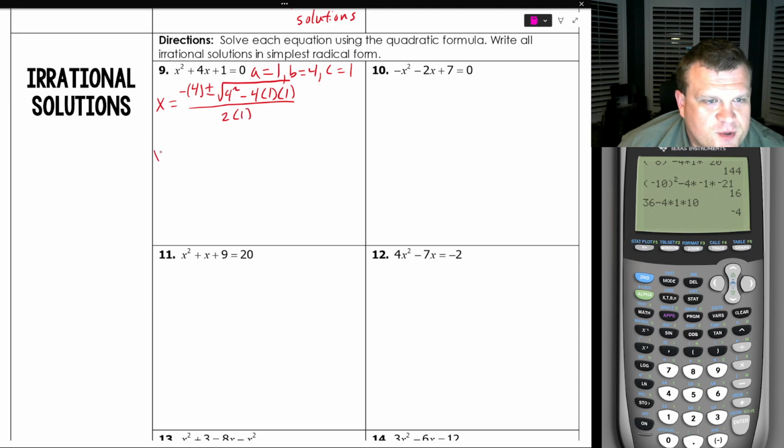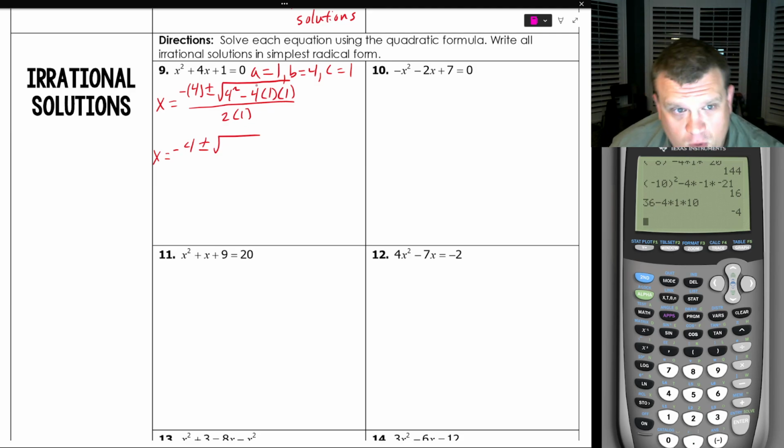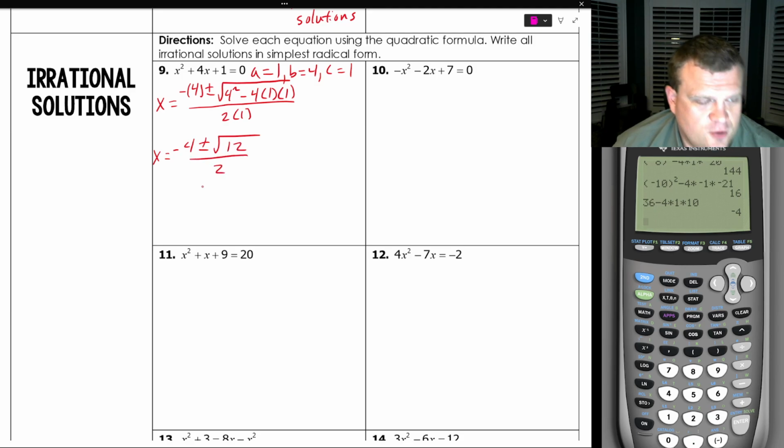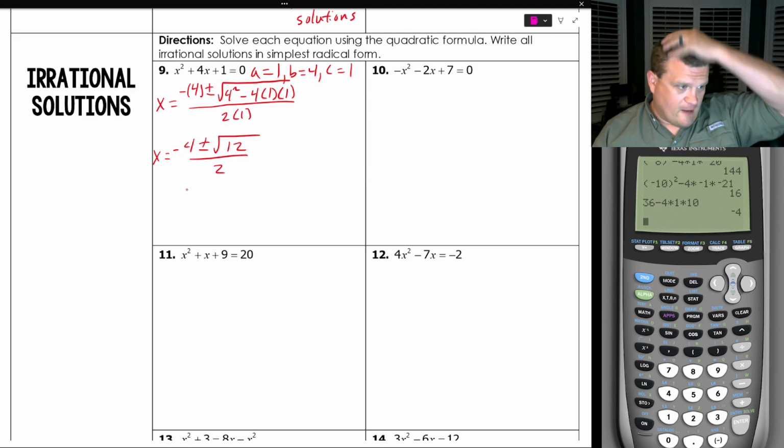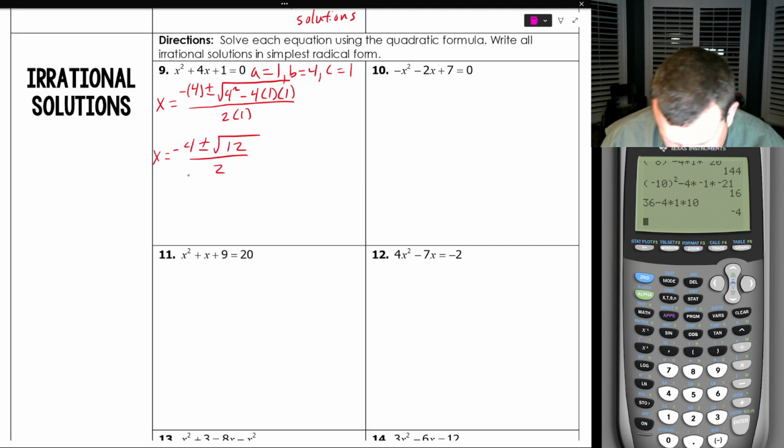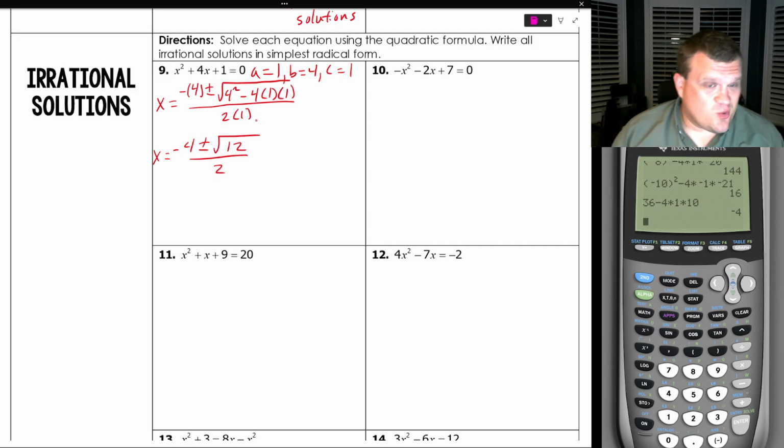Okay? So we would say x equals negative 4 plus or minus the square root of 16 minus 4 times 1 is 4. So it's going to be 16 minus 4, which is just going to be 12, all over 2. Okay? All right. So you have a situation here because 12 isn't a perfect square.